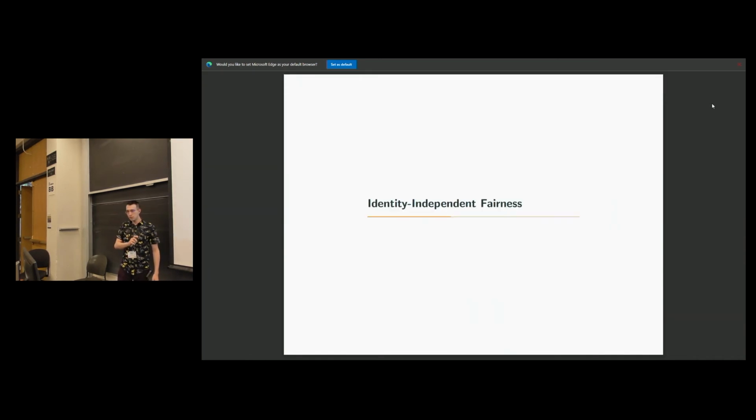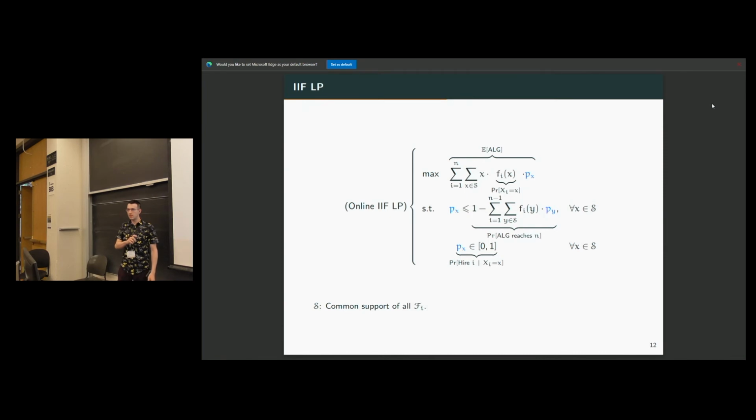OK, so for identity-independent fairness, our approach for solving for the optimal algorithm, in contrast with standard profit inequalities where the solution is a backwards induction, so a dynamic program, here we have a linear program where the variables are p of x, where x is a support point of the distributions.